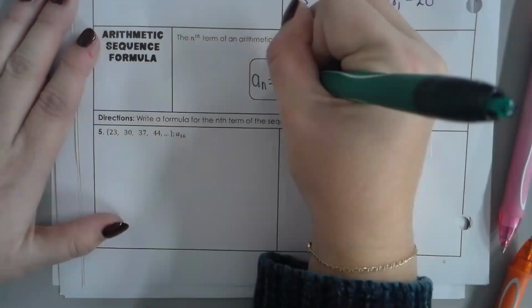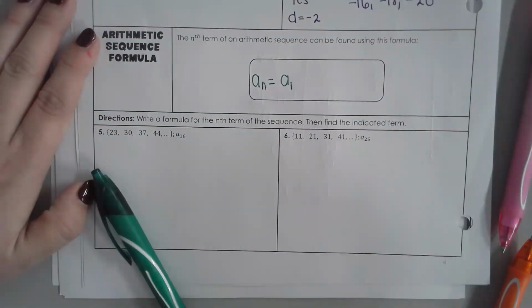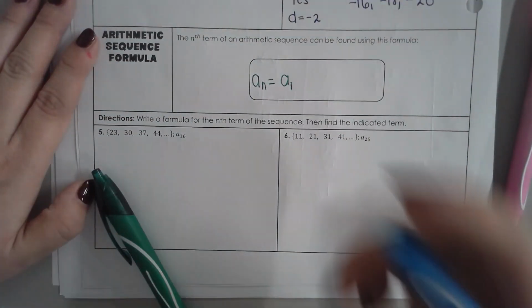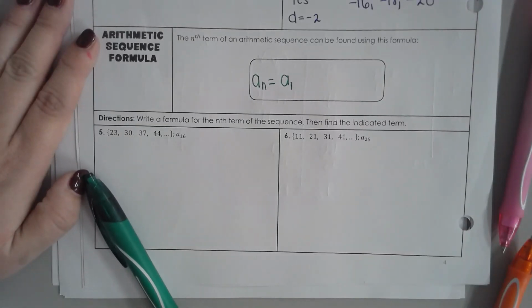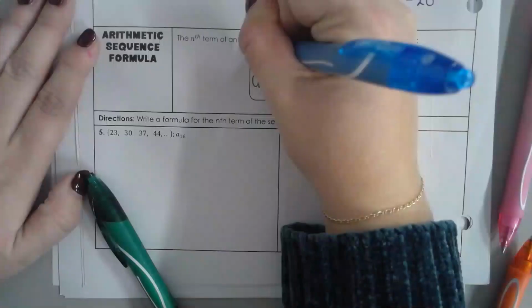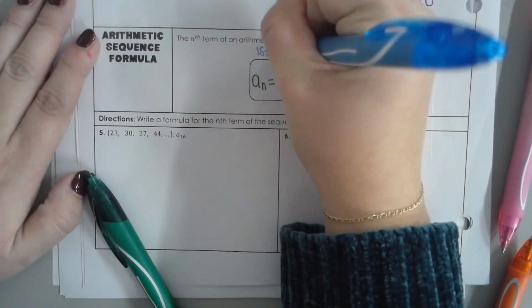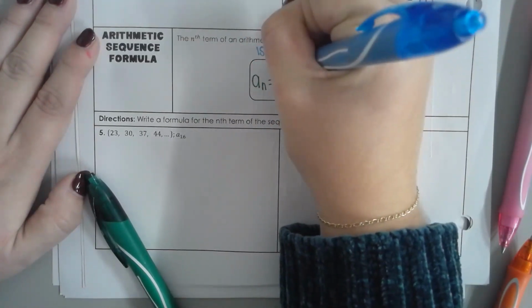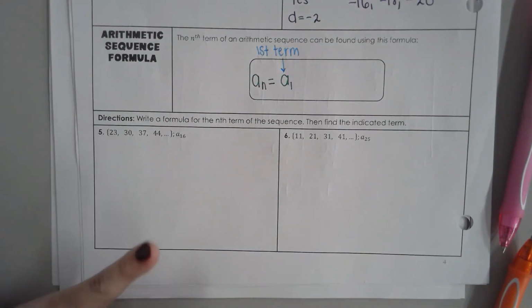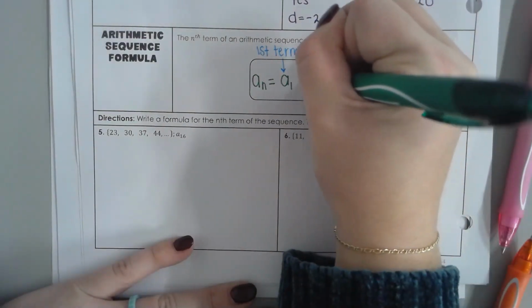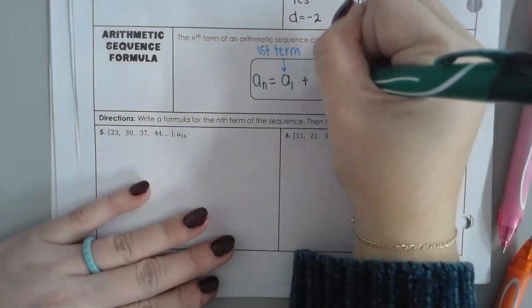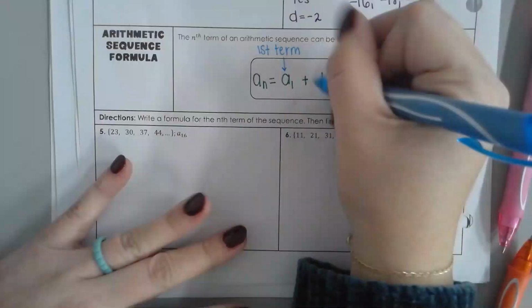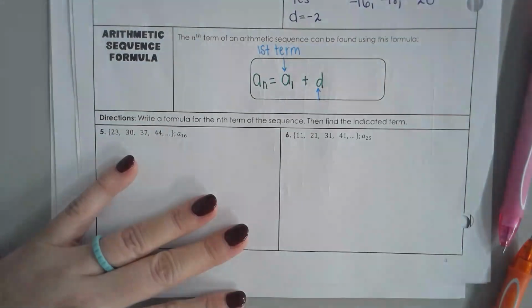We start with a_1. What does that mean? Not A1 sauce. The first term. So it's a_1 plus d. And what does that stand for? How much you add every time? Yep, the common difference.